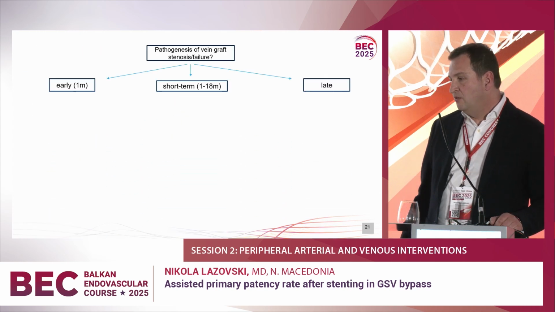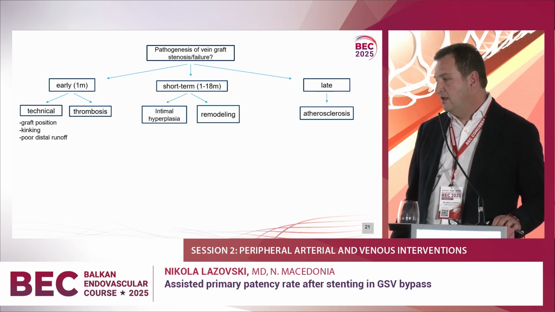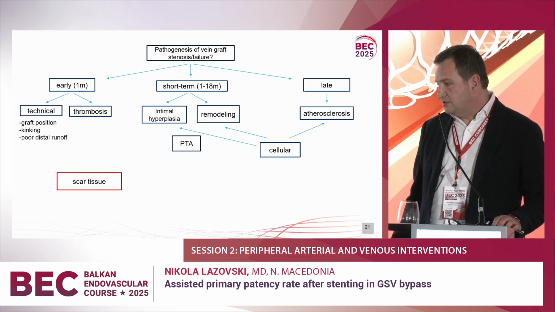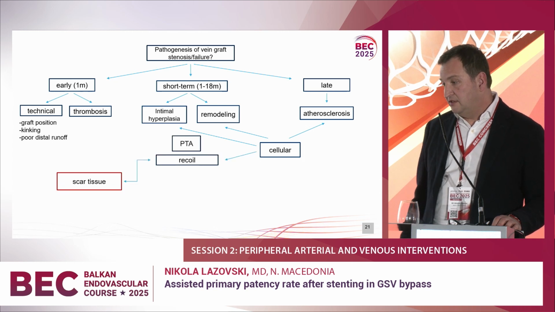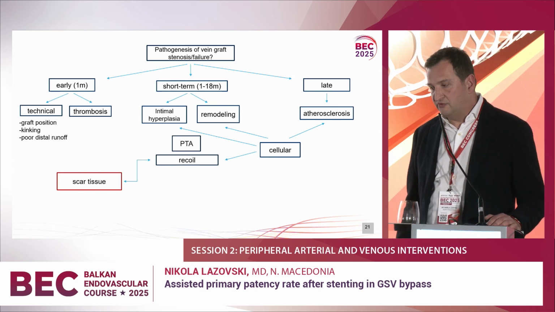That's why we proceeded with using this kind of endovascular treatment. Because I believe that the scar tissue didn't allow us to open the sick part of the vein with ballooning.